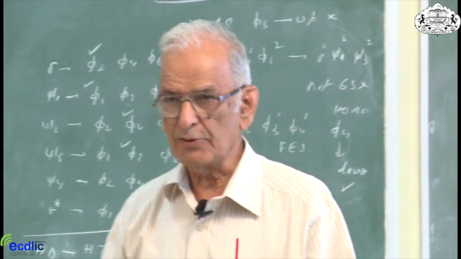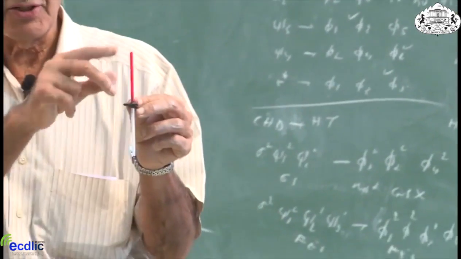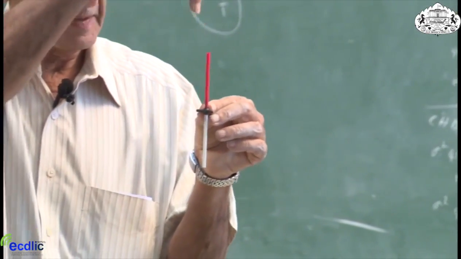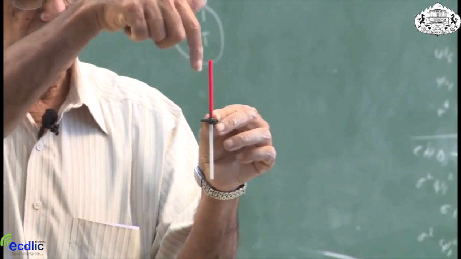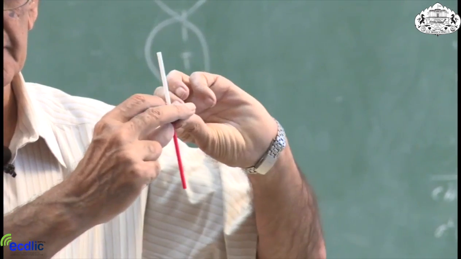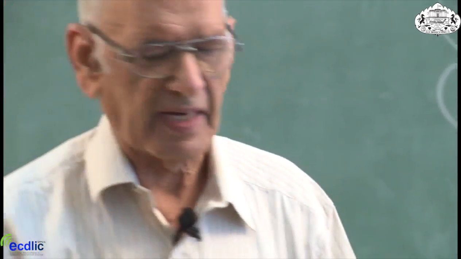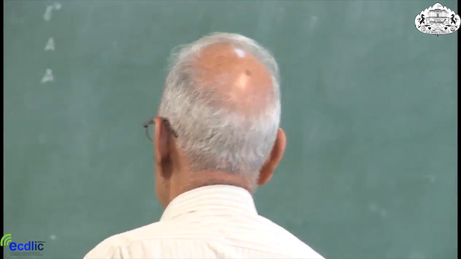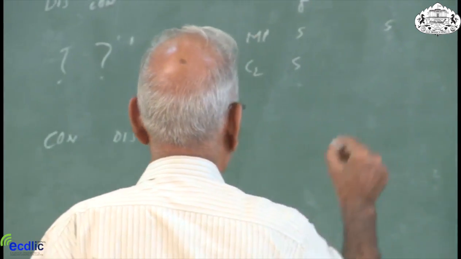But when I look at C2, what is it? Plus is on top, minus is on top. If you draw a mirror plane through this, it is symmetrical. But for C2, it is going to be anti-symmetric. Okay.